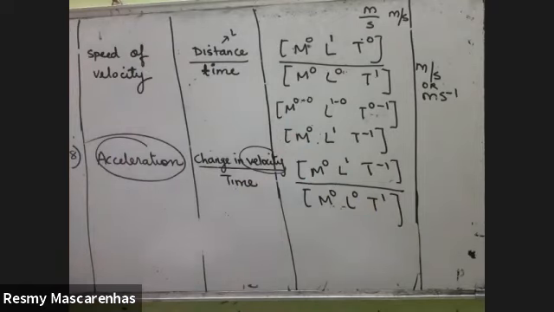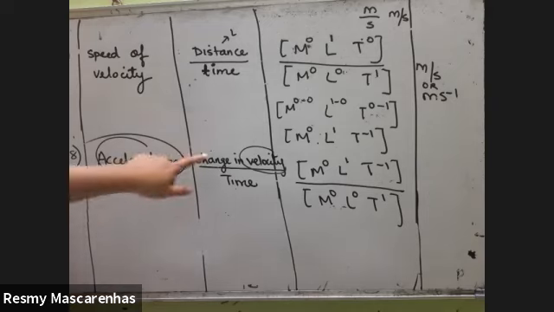Now calculate and tell me the answer. What will be the final answer? Take the powers up. From the denominator, take the powers up. If you are not understanding something, you ask any substitutions you have not understood.